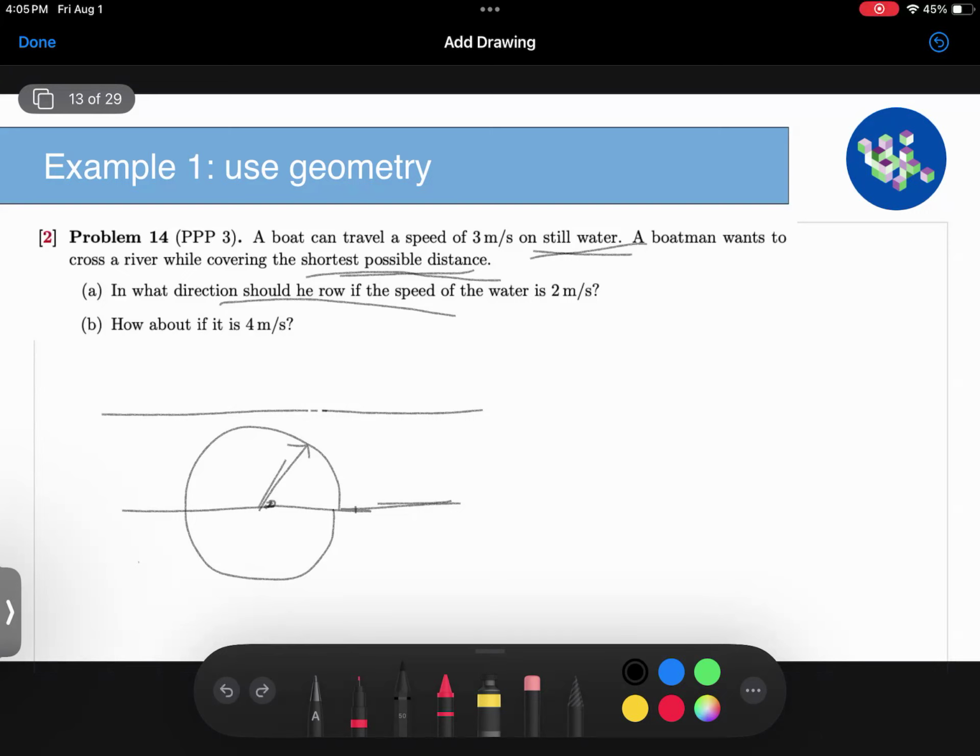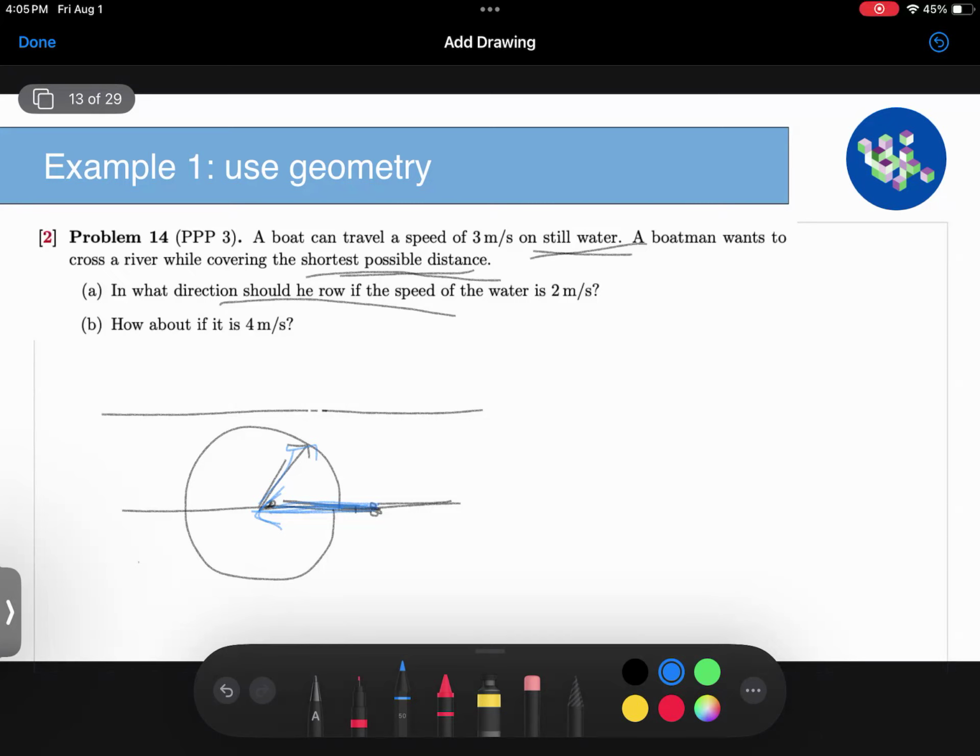Now that's the direction I'm rowing, but I also have to superimpose the velocity of the water. So if I do head to tail, let me use a different color, blue, for this vector, and also blue for this vector. This is the velocity vector for the water.